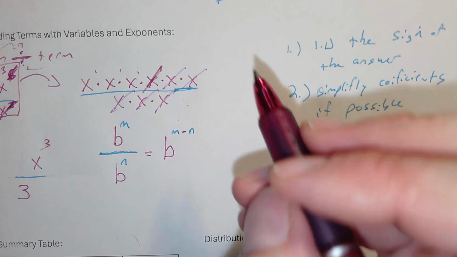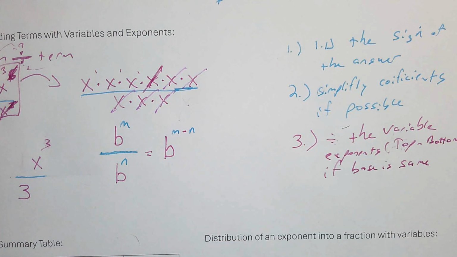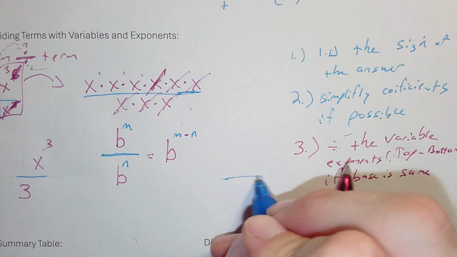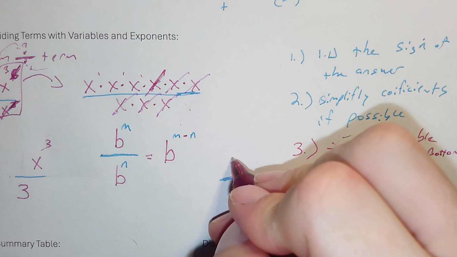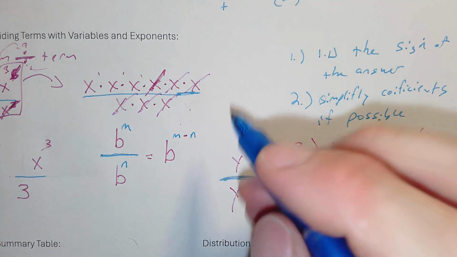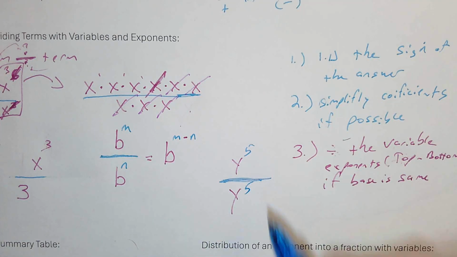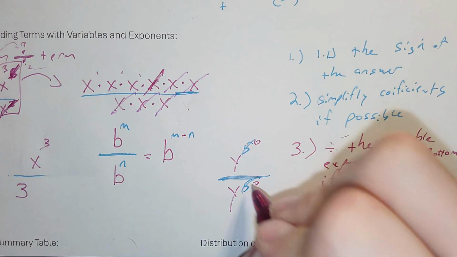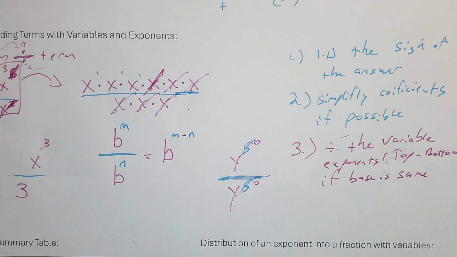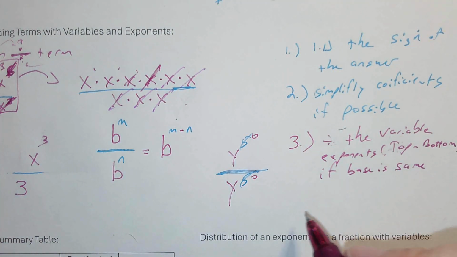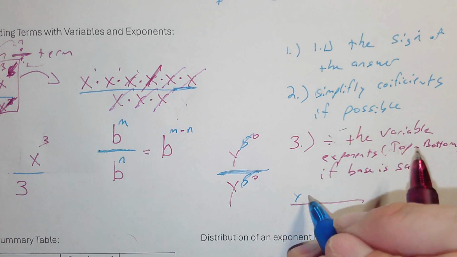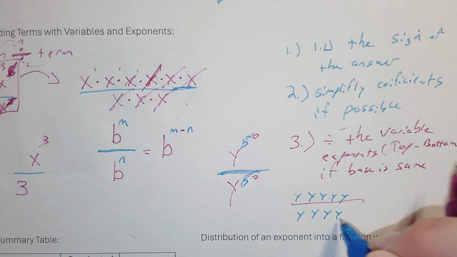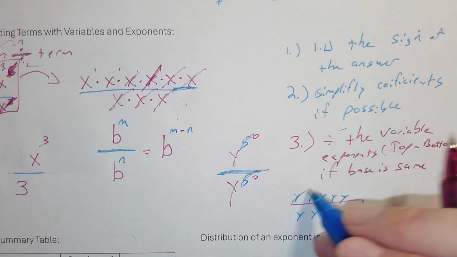Okay, all right, so there's that one. Now what if, for instance, m and n are the same? Say I have a fraction and my base is, let's say, y. I have my fraction of y to the fifth over y to the fifth, and I'm like, oh, well, this both equals 0 now. I have nothing on top. Well, I got a 1, 2, 3, 4, 5, and a 1, 2, 3, 4, 5, and these all cancel out.